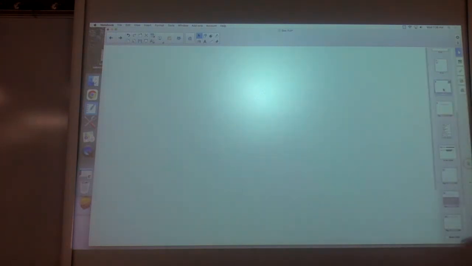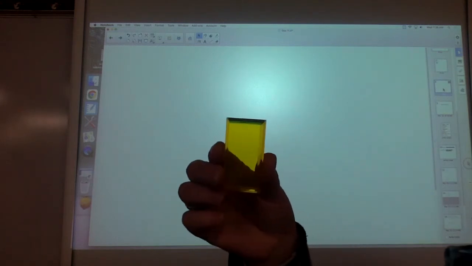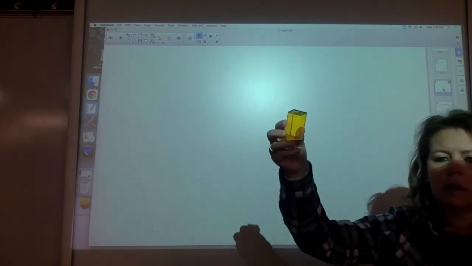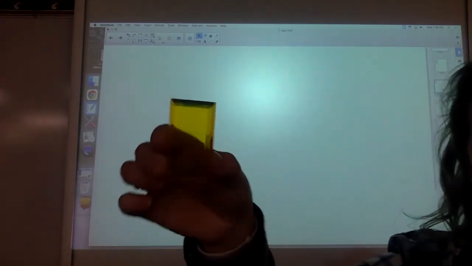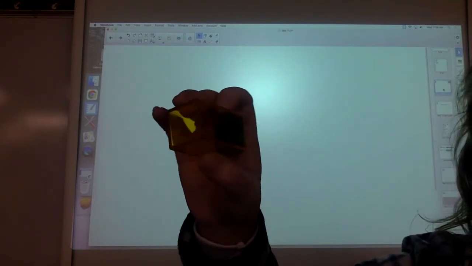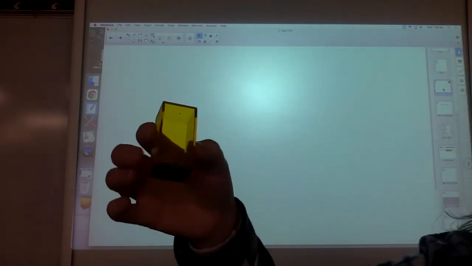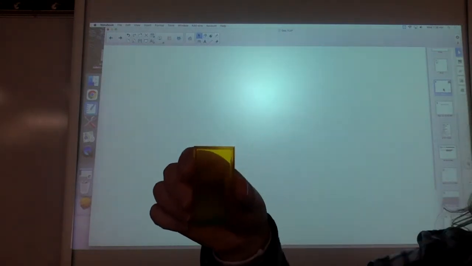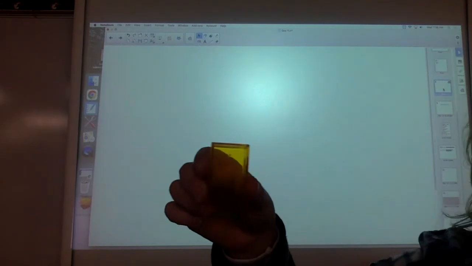All right, so a couple of examples of a prism. This would be a square prism. Why is it called a square prism? Because it has a square base right here and another square on the bottom. Those two bases are perpendicular to the height, and that's also called the altitude.